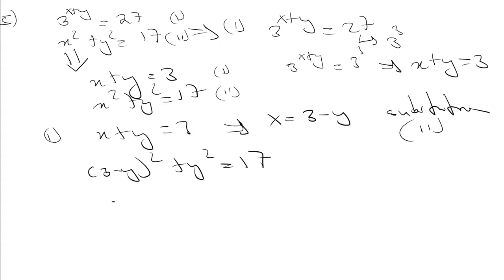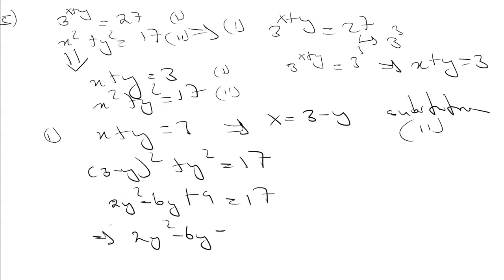Once we expand this, it reduces to 2y squared minus 6y plus 9 equals 17, which reduces to 2y squared minus 6y minus 8 equals 0.